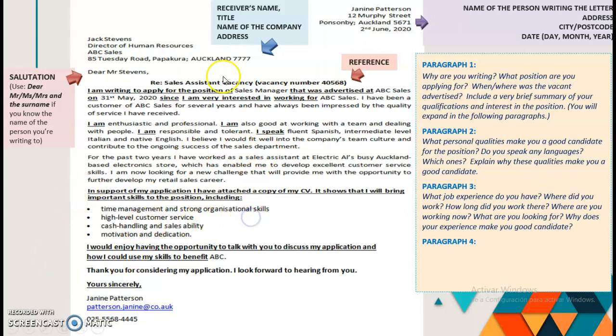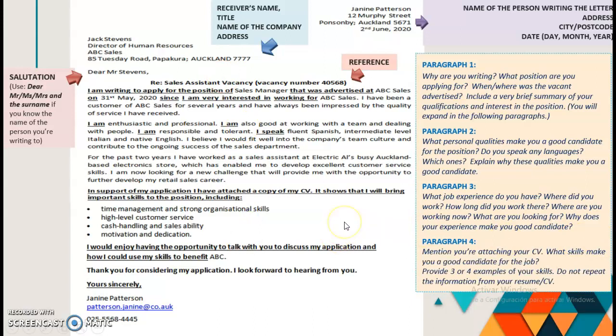Well, the fourth paragraph is related to the skills that you have acquired. This section, the one in bold, will always be more or less the same. "In support of my application, I have attached a copy of my CV.